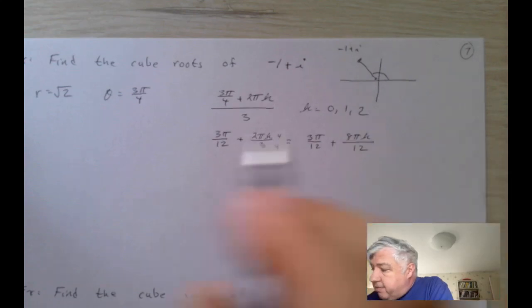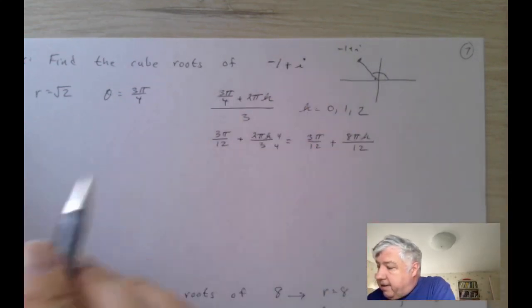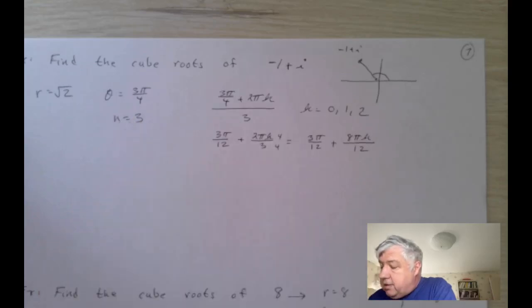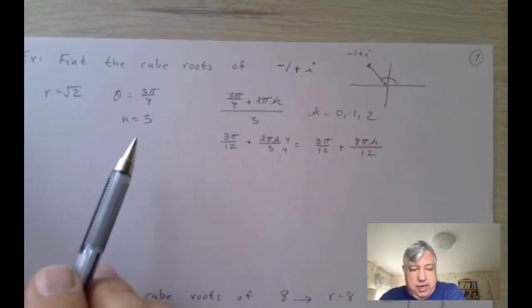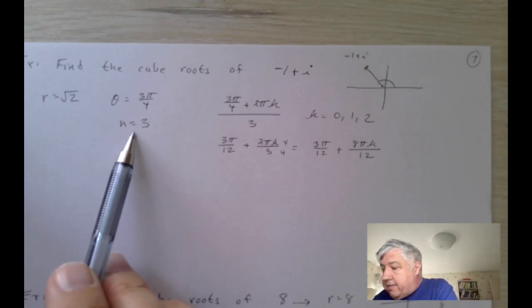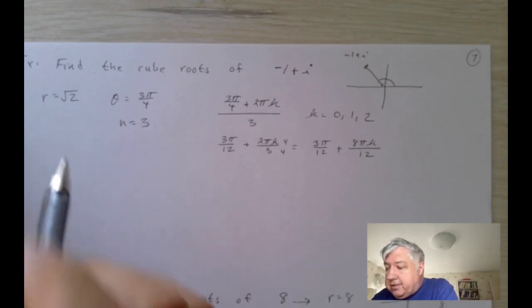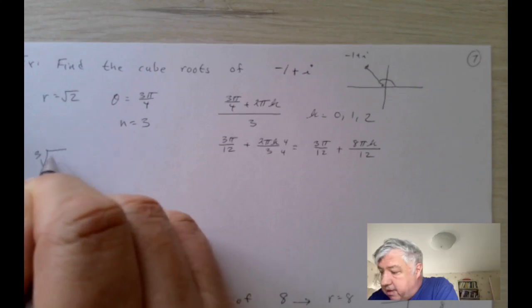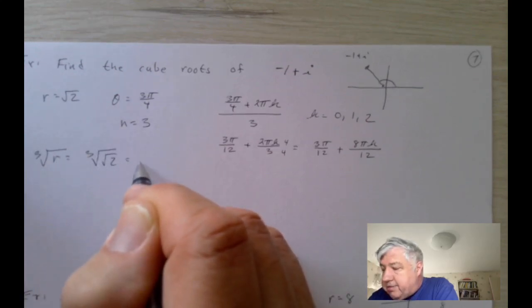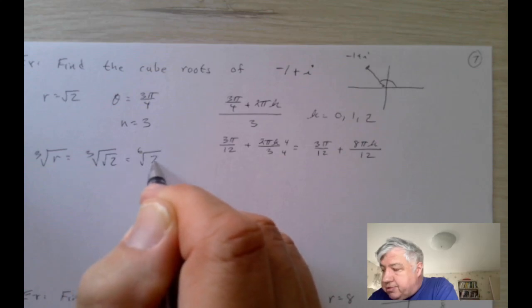So when n is 3, we need to take the cube root of r. So the cube root of the square root of 2 turns out to be the 6th root of 2.